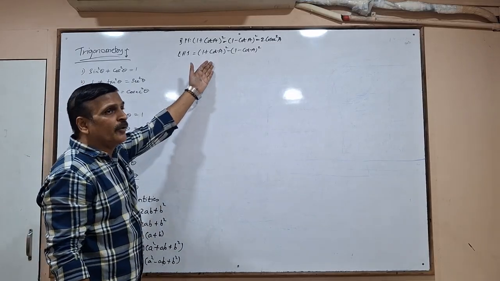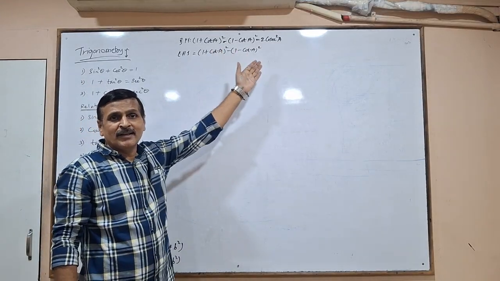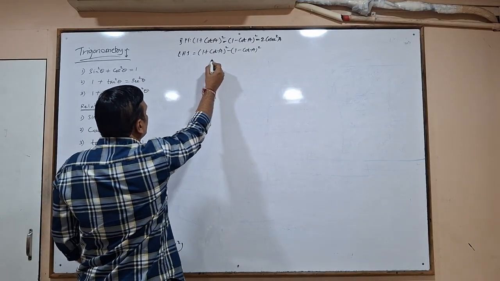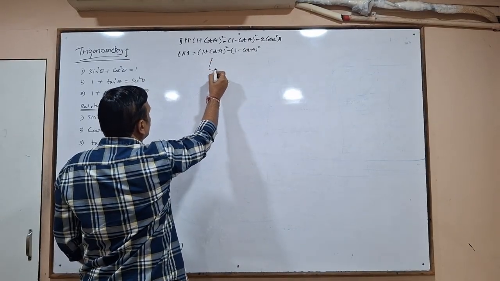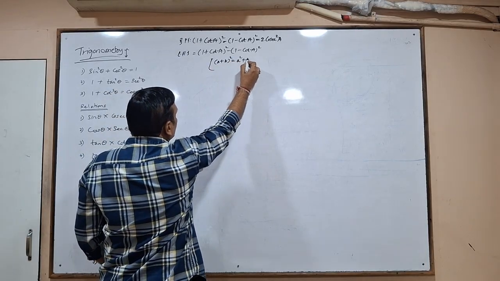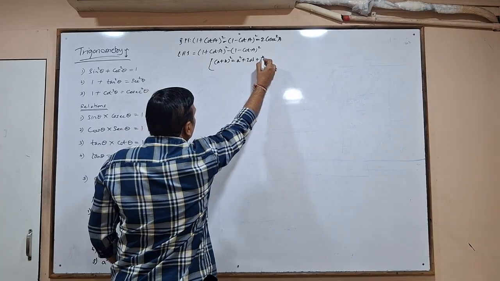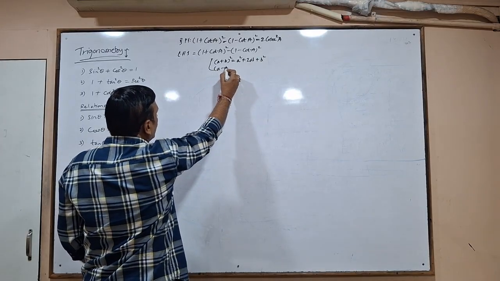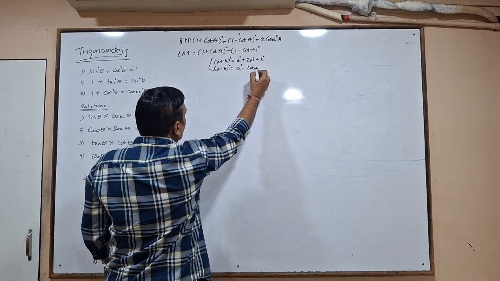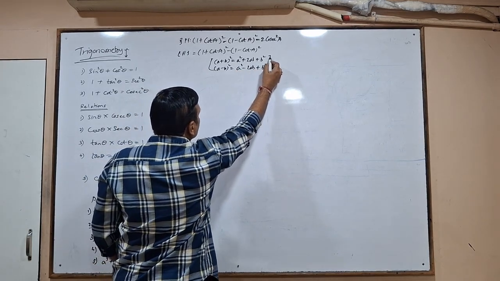Obviously, it is of the form a plus b the whole square, a minus b the whole square. So, we can apply those results. a plus b the whole square is a square plus 2ab plus b square. a minus b the whole square is a square minus 2ab plus b square.